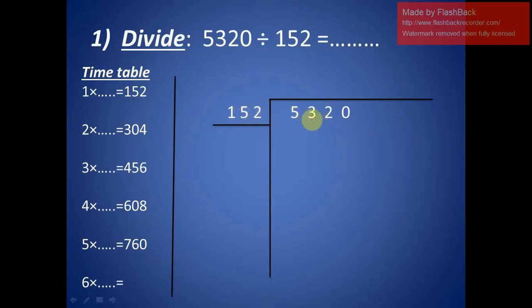Take 5 with 3 with 2, 3 digits. We have a new dividend 532. 532 divided by 152 is possible because 500 is bigger than 100.